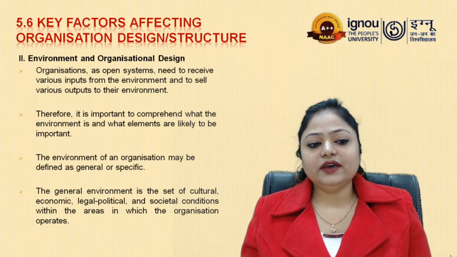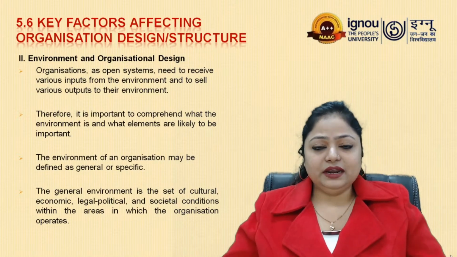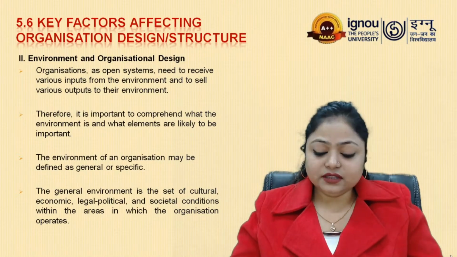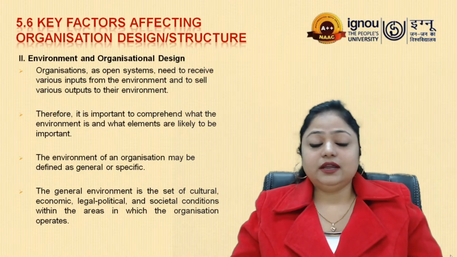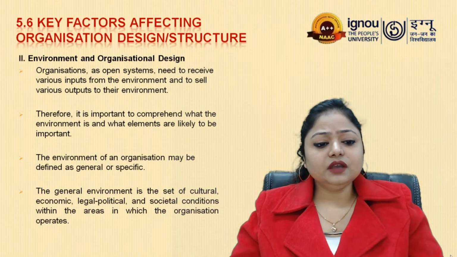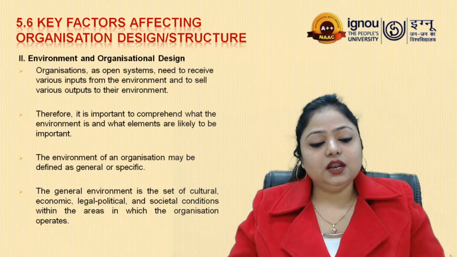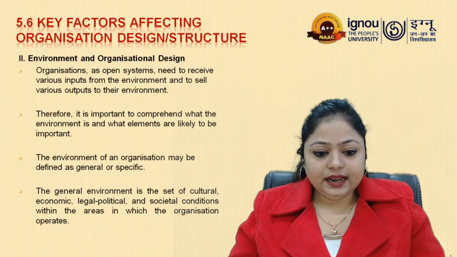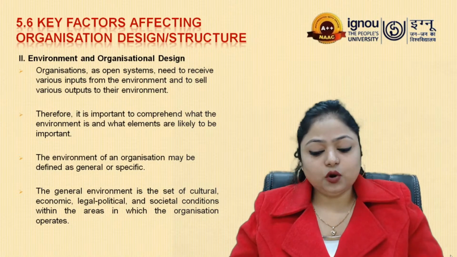So, the environment of an organization may be defined as generic or specific. Here, we are referring to the external environment and not the internal environment as of now. So, the generic environment is a set of cultural, economic, legal, political, and societal conditions within the area in which the organization operates.